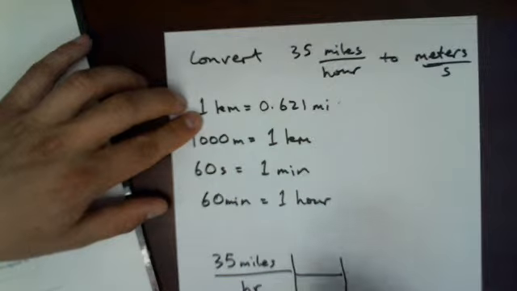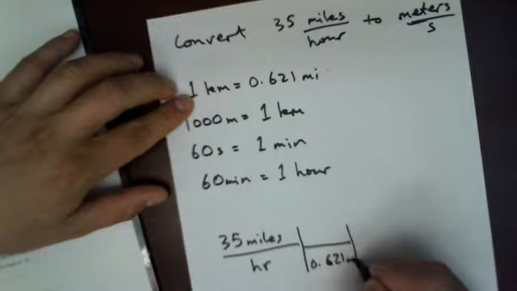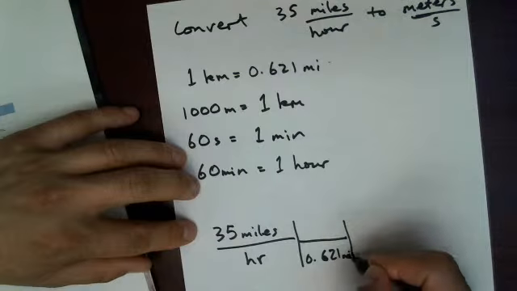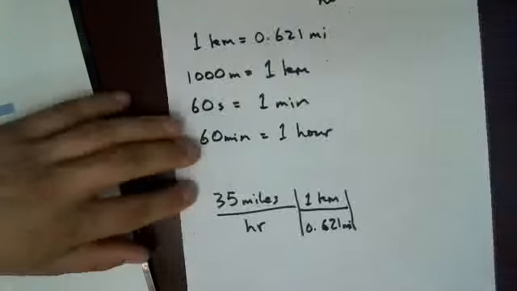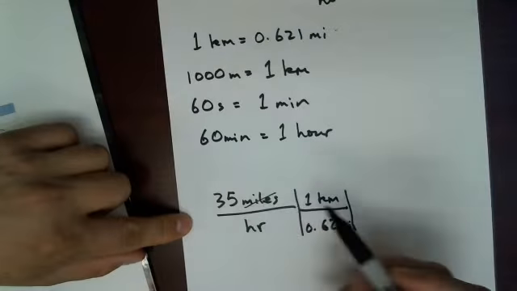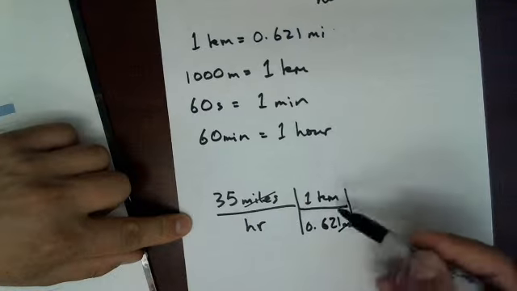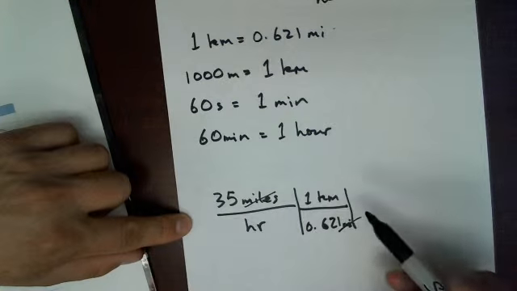So I'm going to put the 0.621 miles on the bottom here, and the 1 kilometer on the top. This is because the miles will cancel. Just by doing this simple step, I've now got the units in kilometers per hour.